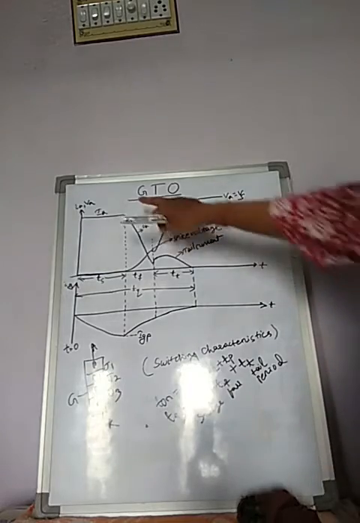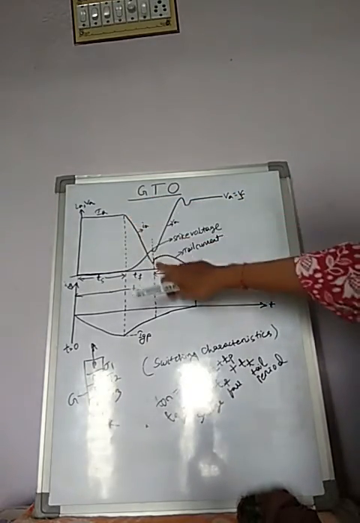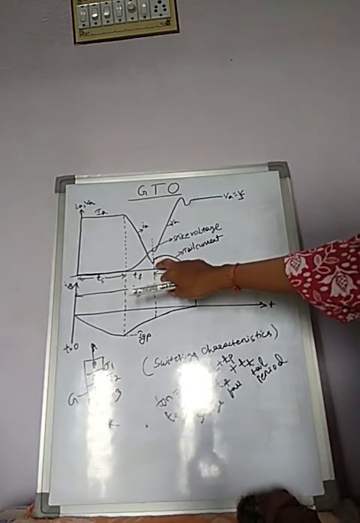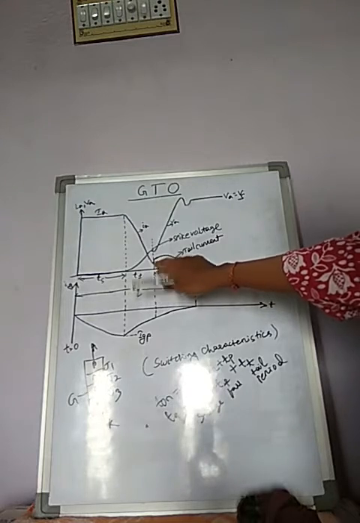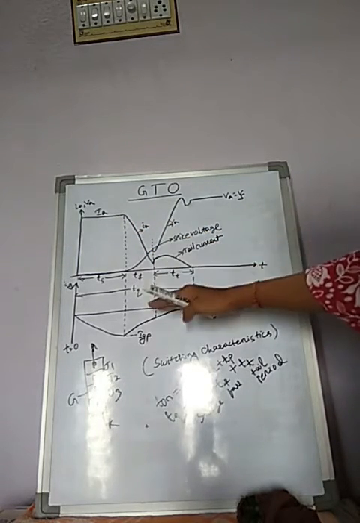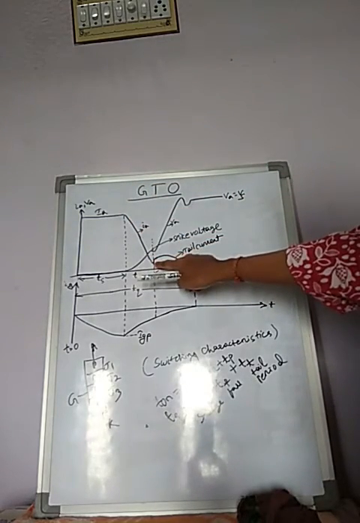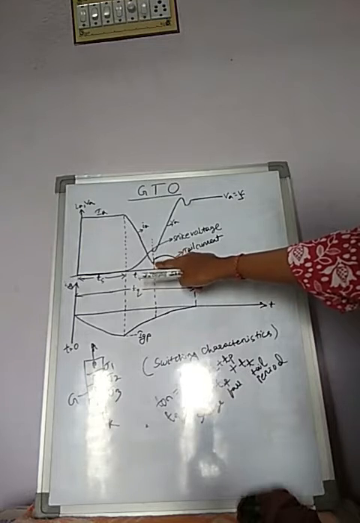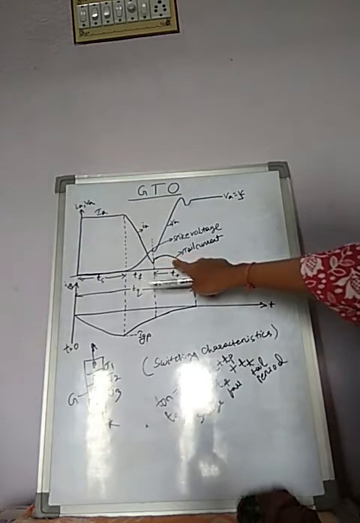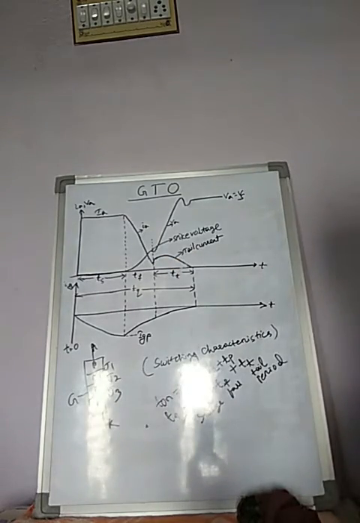See here, anode current falls at a constant slope, and after reaching a certain value, it abruptly changes its rate of fall. Here it slightly increases and then again decreases. So here the rate of fall is changed.